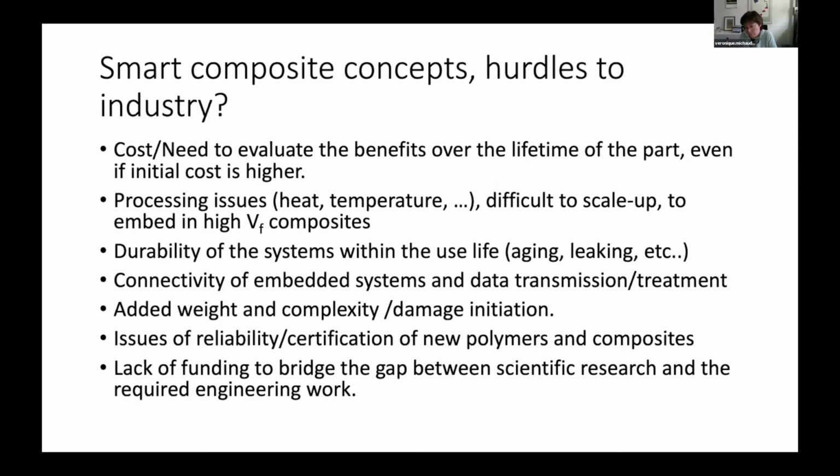So all these are capabilities that can pass to the market. Currently we have modified prepregs with nanotubes or graphene layers that provide through-the-thickness electrical and thermal conductivity too. So this multifunctionality is also an idea.